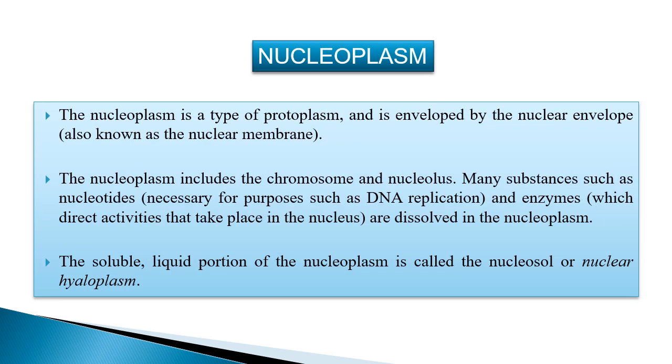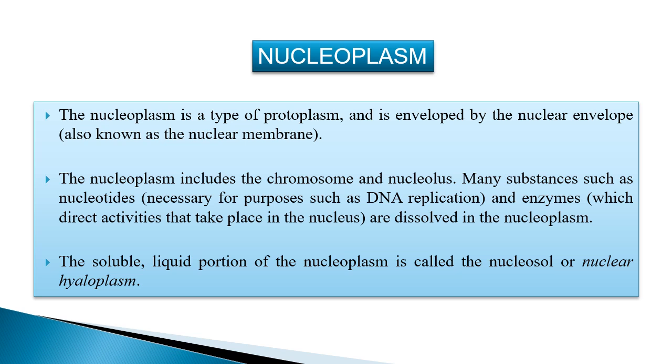The nucleoplasm, which is a type of protoplasm, is enveloped by the nuclear envelope. The nucleoplasm includes the chromosome and nucleolus. The nucleoplasm has a complex chemical composition and it is composed mainly of the nuclear proteins, but it also contains other organic and inorganic substances such as nucleic acids, proteins, enzymes and minerals.